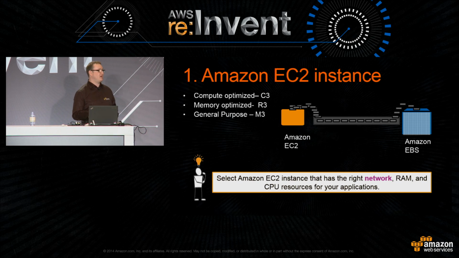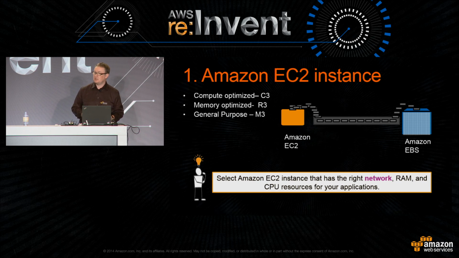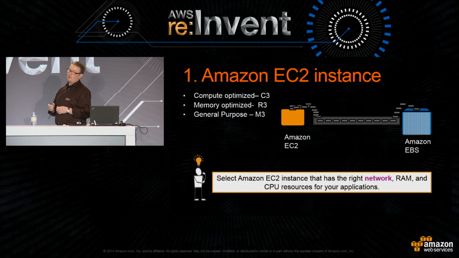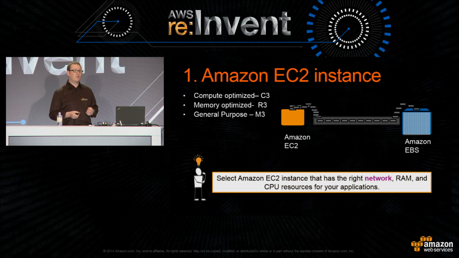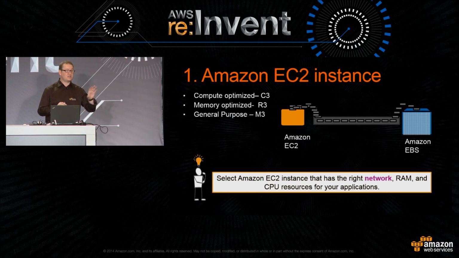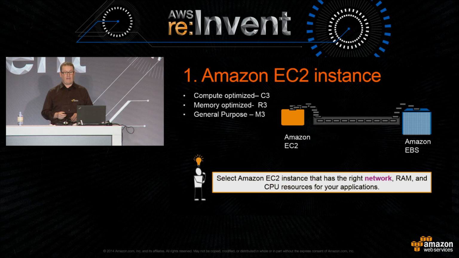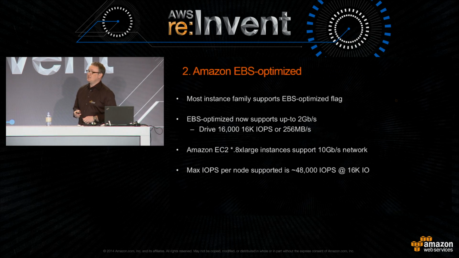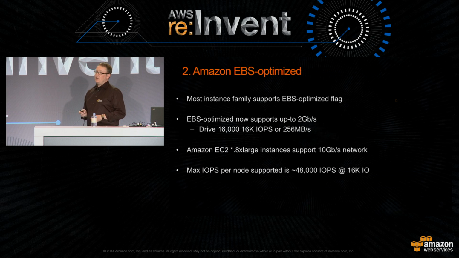So if you grab a T2 micro instance and attach a 4,000 IOPS provisioned IOPS volume to it, it probably won't perform the way you're expecting because they're not actually matched up. It's not designed to drive that level of performance. So once you've chosen the right EC2 instance for what you're going to be working on, you've got to make sure you've actually selected the attributes that are important on it.